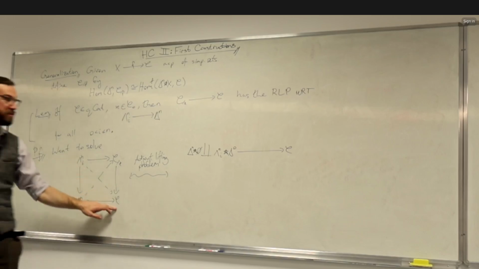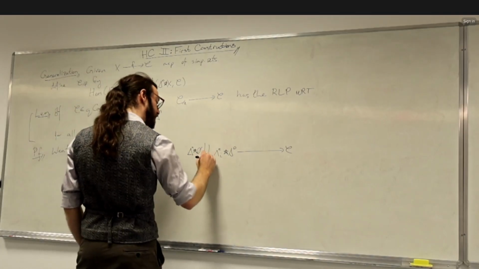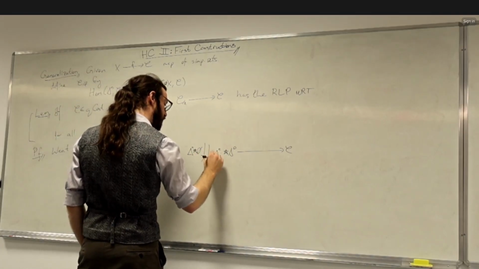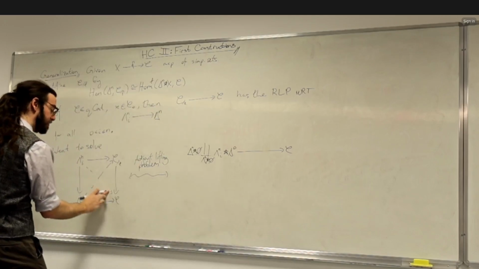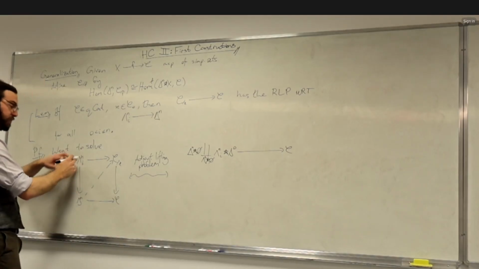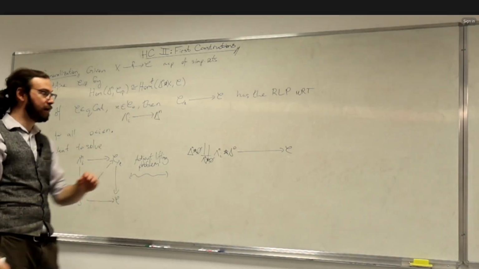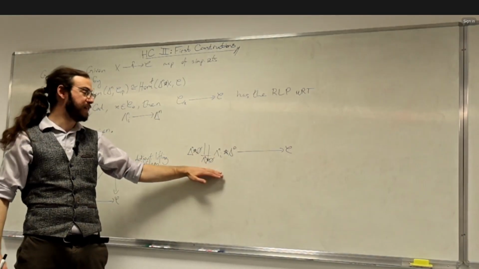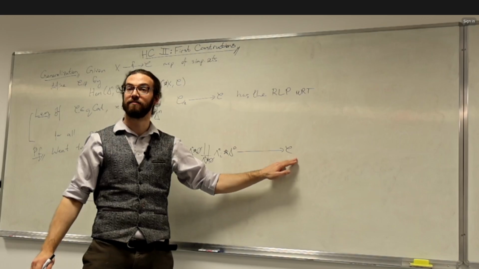And this map is just going to be a map from lambda n i join with the empty set to C. So the data of the outer commutative square can be reformulated as a map like this.